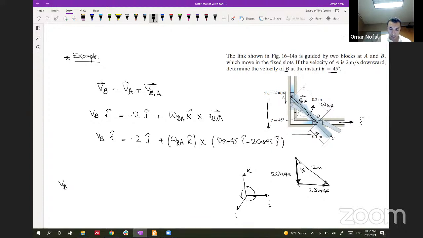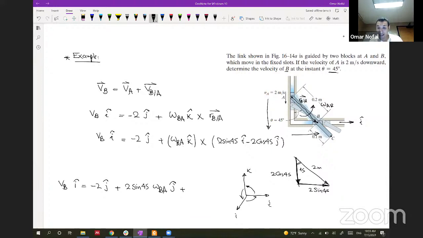VB in the I hat vector will be equal to -2 in the J hat vector plus omega BA in the K hat multiplied by I hat. If I multiply K by I, it will give me positive J. So it will be 2 sine 45 multiplied by omega BA, and the direction will be J hat.